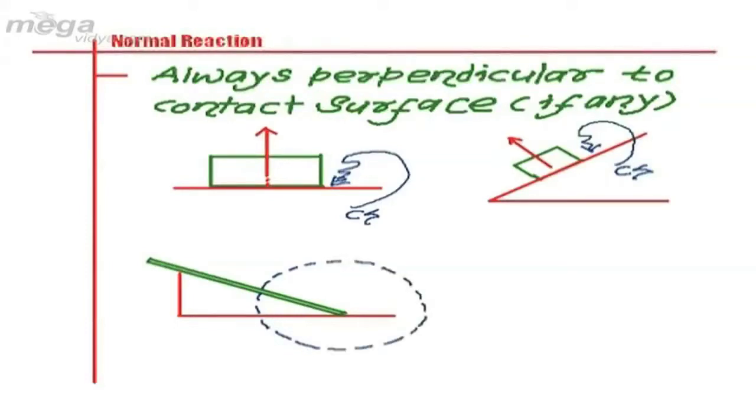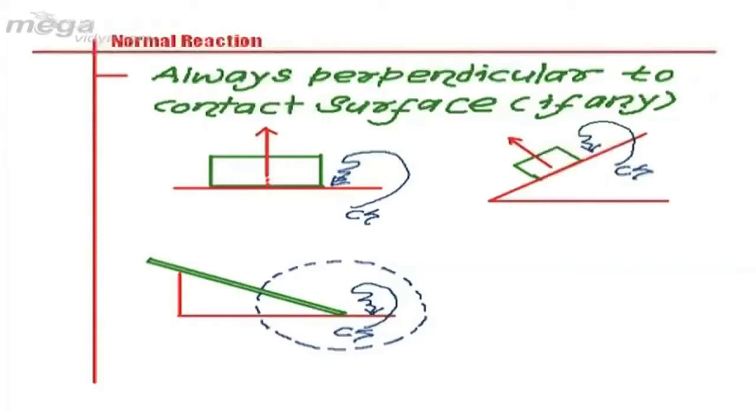Then here I can say this is the contact surface. As I have mentioned here, normal reaction is always perpendicular to the contact surface. So the contact surface for this end is this horizontal surface.